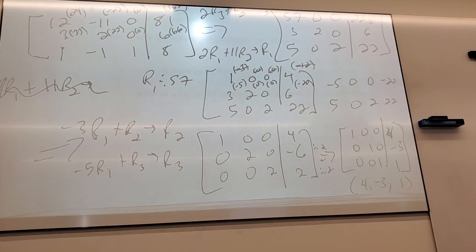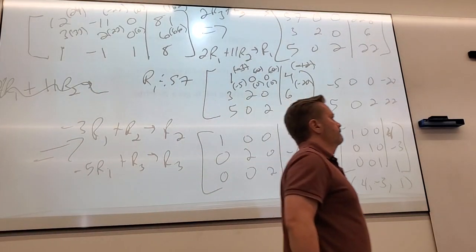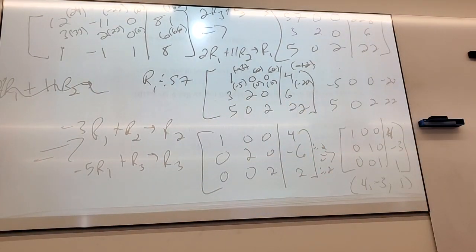Yes? So, when you multiply by the -5, you made it -20. How come that doesn't change the final form? Well, then it would be -5, 0, 0, -20. I would divide by -5. You guys all with me?